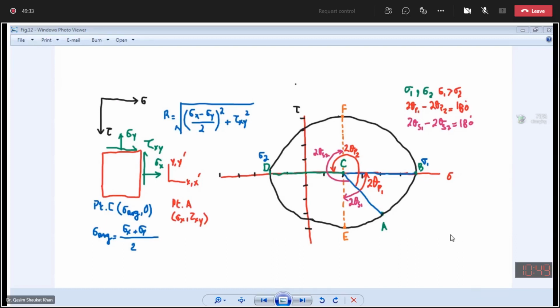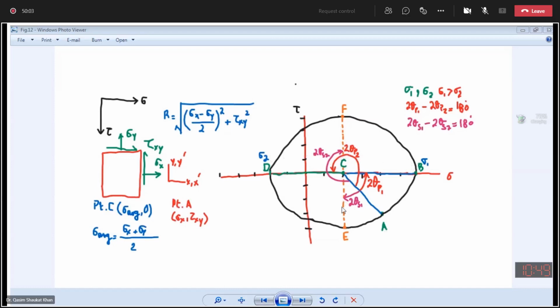Now, the next thing is we want to calculate the orientation of the shear planes. Now, the shear plane is this line. One more thing, sorry. This major principal stress is represented by point B. Minor principal stress is designated by point D. A is the reference point, B the major principal stress, C the center point of the Mohr circle, D the minor principal stress.